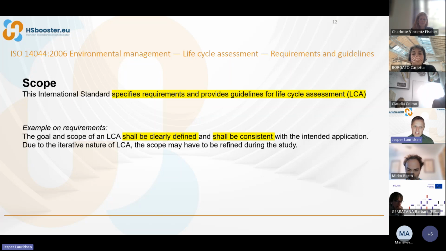And when we have "shall" in standards, it means that if you want to say this product is living up to the 14044 standard, you have to live up to these. We have other criteria where we write "should" or "may." When we write this, it's more vague than when we use "shall" criteria.